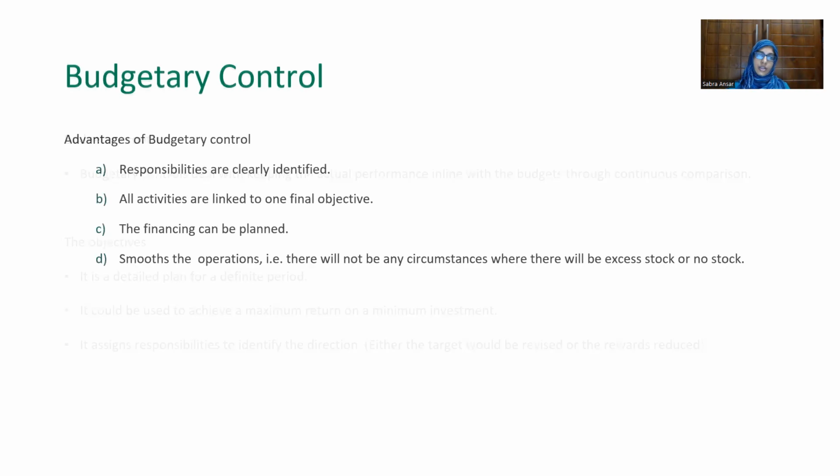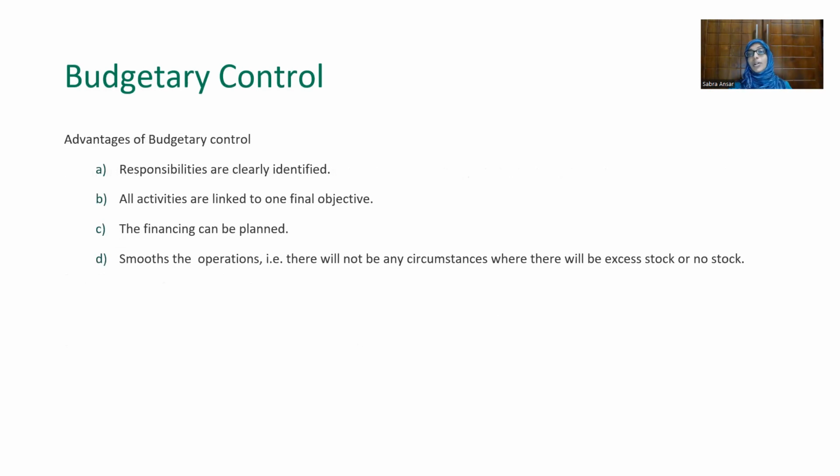So next, now we are talking about the advantages of budgetary control. Generally the responsibilities are clearly identified here, and all activities which are linked to one final objective will be included, and generally the finances will be planned. And also it helps in smooth operation because you know what you're supposed to achieve in that specific time period.